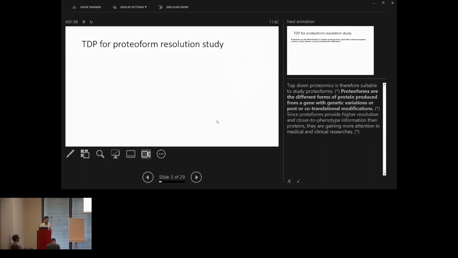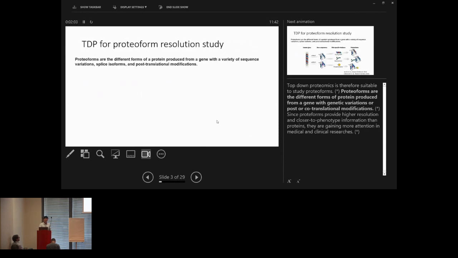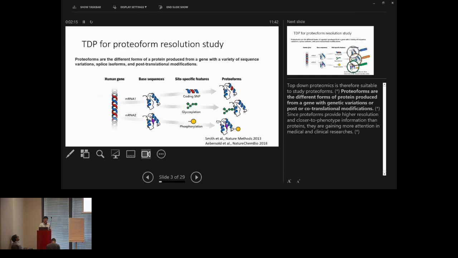why are we doing top-down over bottom-up? Because it's cool, yeah, for me. And more than that, we can study proteoforms. Proteoforms are the different forms of protein produced from a gene with a variety of sequence variations, splice isoforms, and post-translational modifications. So for example, here let's say we have a gene on the left side, and on the right side, as steps go by, we have a bunch of different forms of proteins, right?